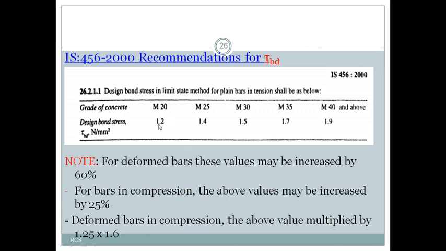If I use a HYSD bar, this will be multiplied by 60% more, that is 1.2 into 1.6. That will be the bond stress value for the HYSD bar in my tension zone.